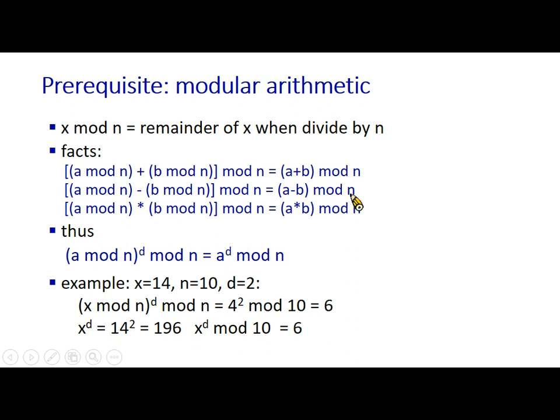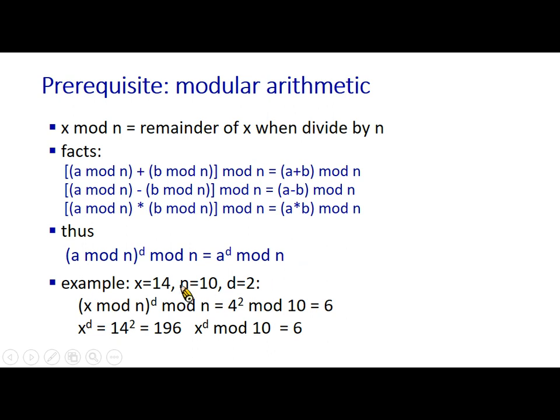And with the remainders of A mod n and B mod n, then mod n, it equals A multiplied by B mod n. Thus A mod n to the power d mod n equals A to the power d mod n.